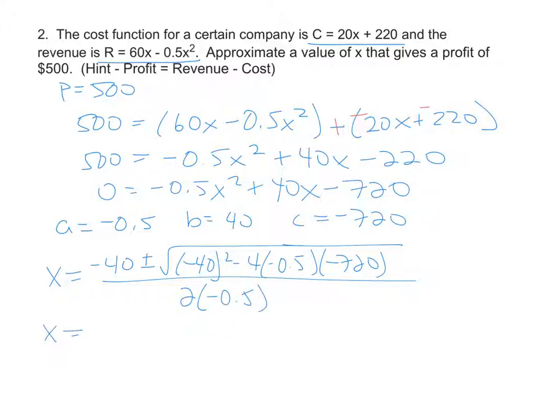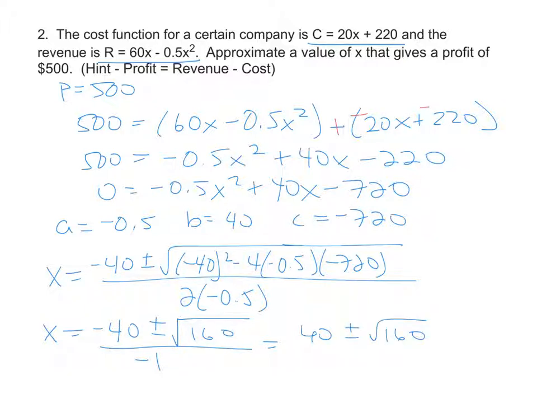So I get x equals, once again, I'm going to do a lot of this simplification on my calculator. And I get the square root of 160 here, and this will be negative 1. So once again, I'm just going to use this on my calculator. I'm going to write this as 40 plus or minus the square root of 160. Just get rid of that negative 1 in the denominator.